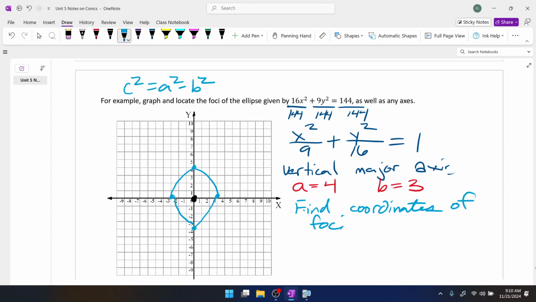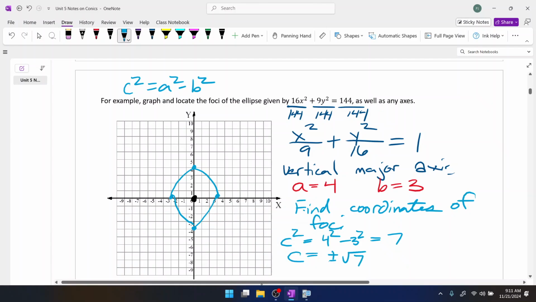So c squared will equal 4 squared minus 3 squared, which is 16 minus 9, which is 7. So c will equal plus or minus the square root of 7. The square root of 7 is 2 and change, approximately plus or minus 2.65.